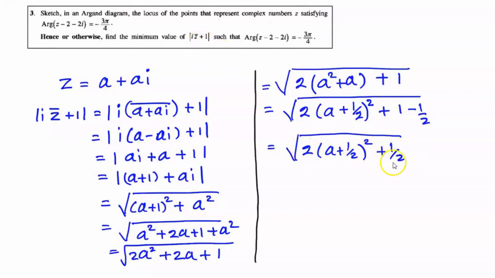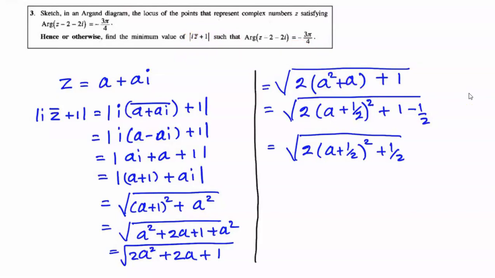So this square root will be minimum when the terms inside give you the minimum possible value. Since the square makes this part always positive or 0, the minimum value for this part is 0, and that happens only when a equals negative 1/2. So when a equals negative 1/2, this will be 0, giving us just the square root of 1/2 as the minimum value possible for that term.